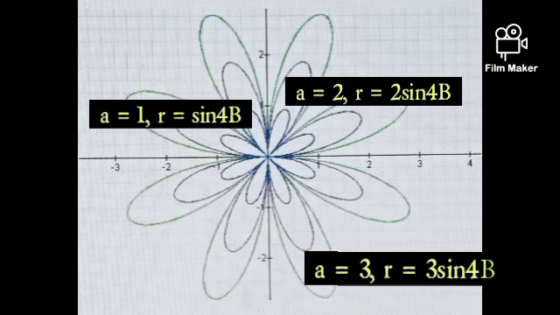Thus, in polar equation r = a sin nθ, the significance of a is that the larger the value of a, the longer is the length of the petal of the rose represented by the polar equation r = a sin nθ.